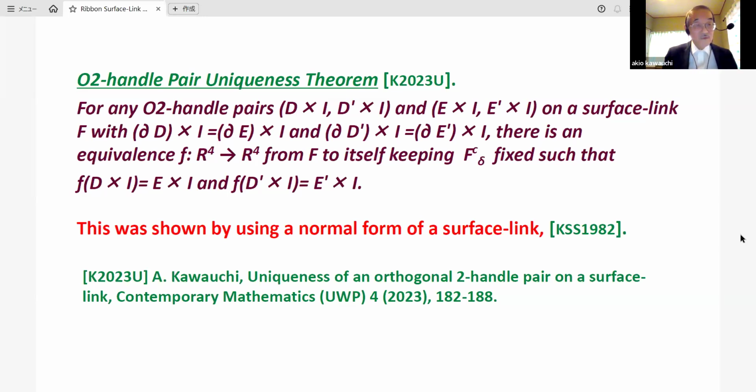Okay. This was shown by using a normal form of a surface link.